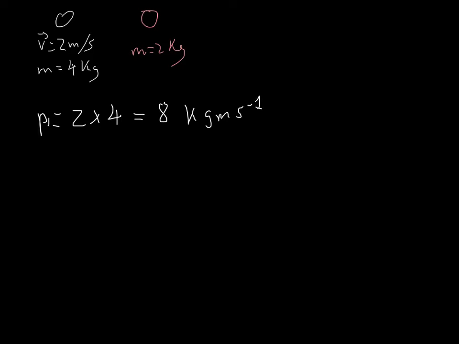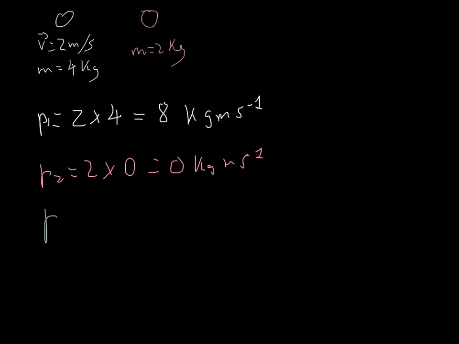And the momentum of this ball over here is going to be 2 times 0, because it's not moving, so the velocity is 0, which means that it's 0 kilograms meters second to the minus 1. So what is the total momentum of this system?